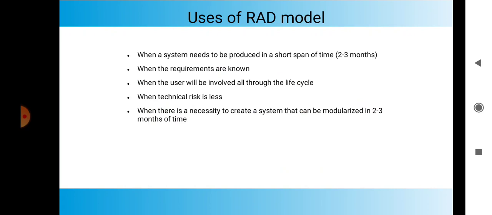Second, when the requirements are known, that means requirements are well understood. When the users will be involved all through the life cycle, that means communication is involved in all the steps, between customers and developers. And when technical risk is low and when there is a necessity to create a system that can be modularized in 2 to 3 months of time.